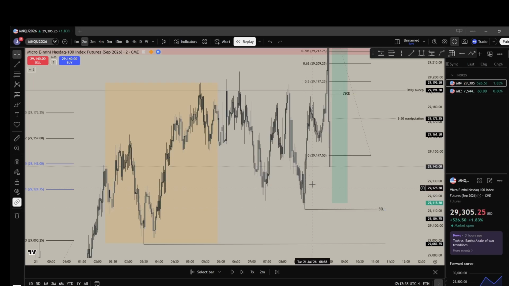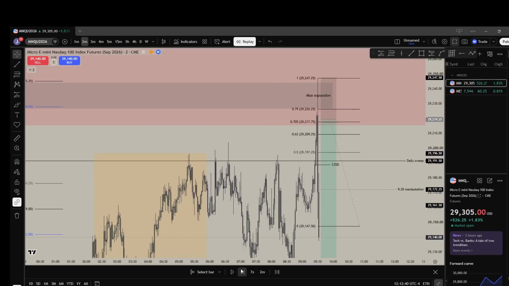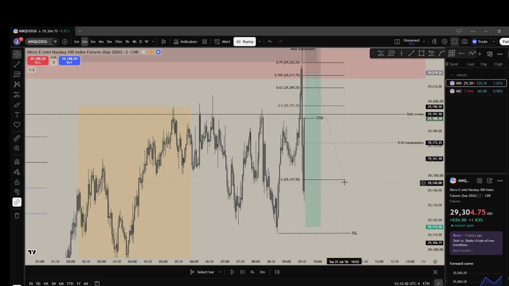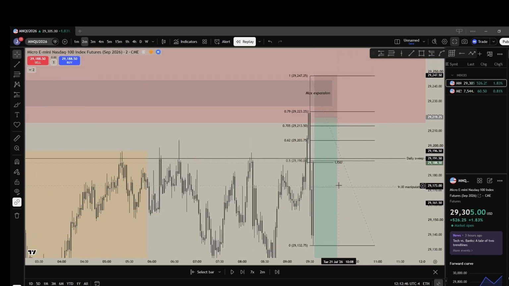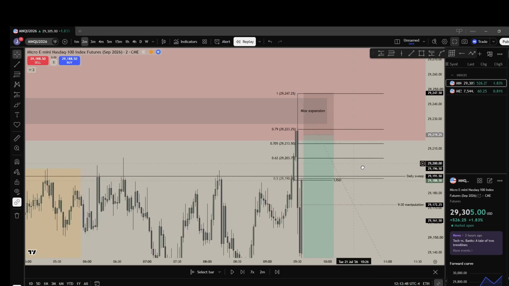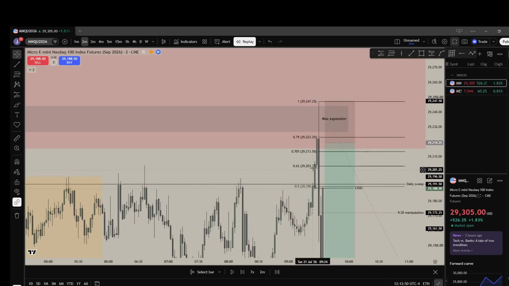To play it again, this is where we started retracing back. As soon as that happened, I said, okay, we have our 0.5, our 0.6, and the 0.705, which is the optimal entry.